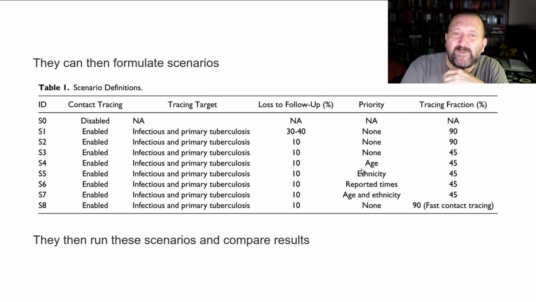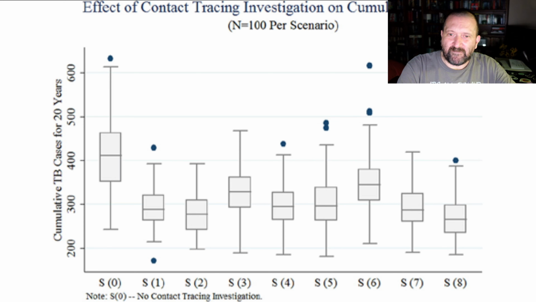What's the priority that you choose? For instance, do you not make any priority, or do you say, well, I want to focus on people of a certain age, or of a certain ethnicity, and so on. And you can do all these scenarios and run them.